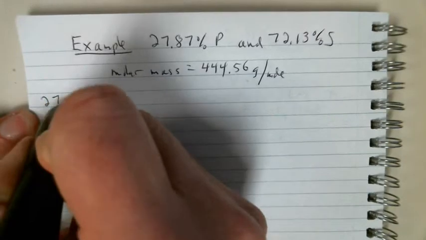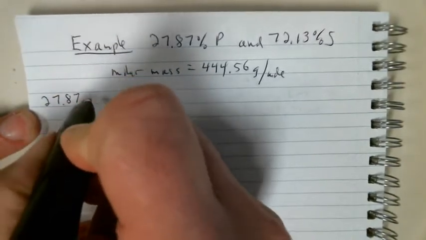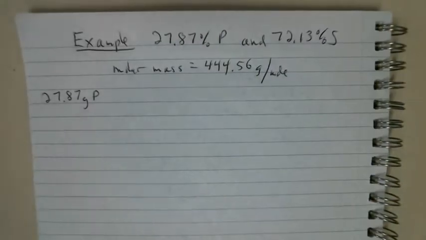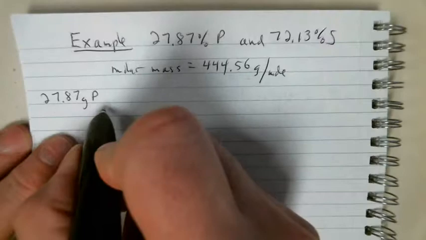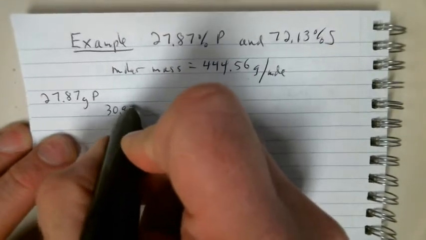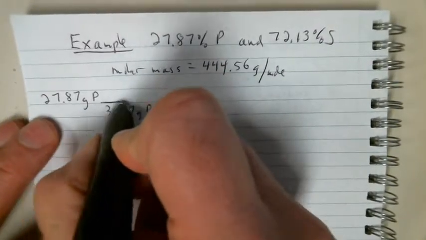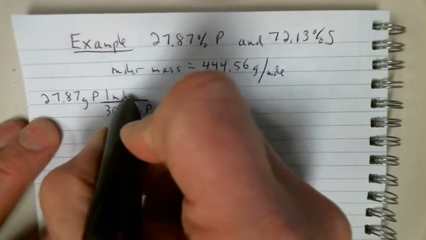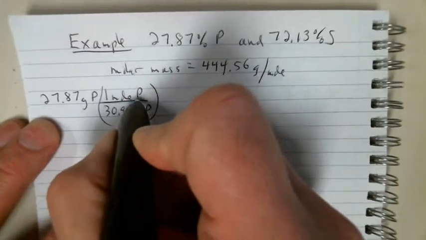So 27.87 grams of phosphorus. I look up phosphorus, 30.97. So it's 30.97 grams of phosphorus for every 1 mole of phosphorus.